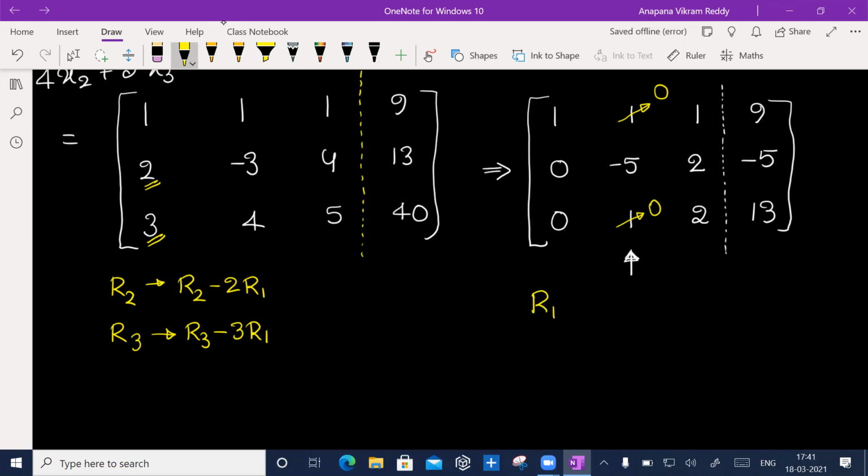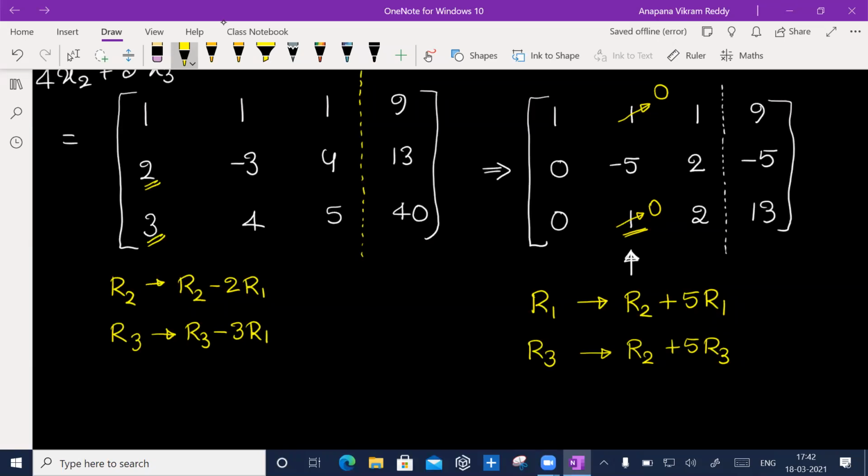R1 is 5R1 plus R2. Yes, I can do that. And what about R3? Because I have to make this one 0 as well. So R3 is 5R3 plus R2. Very good, 5R3 plus R2. That's it.